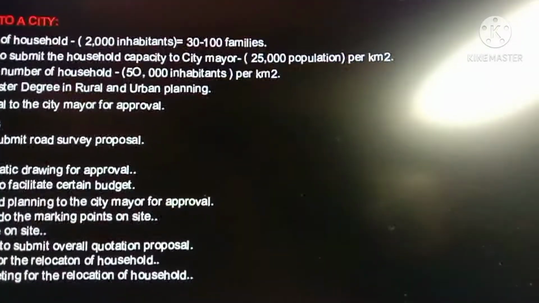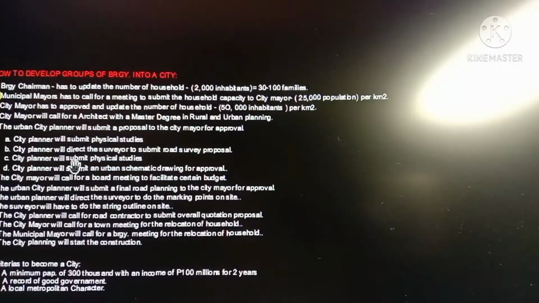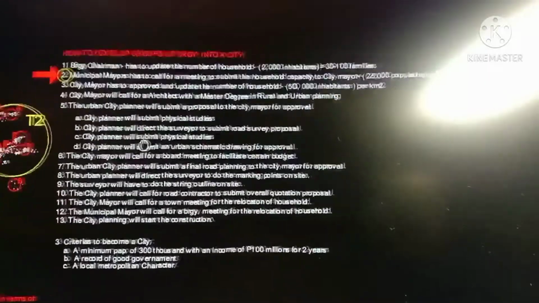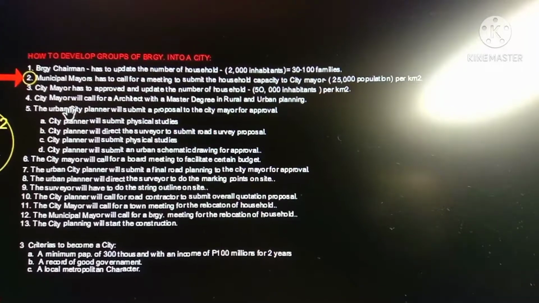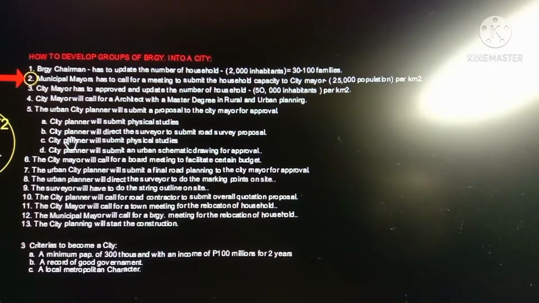Okay, as I said, there are some criteria in order to become a city. A city must be made up of barangays, towns, a group of towns in order to become a city.